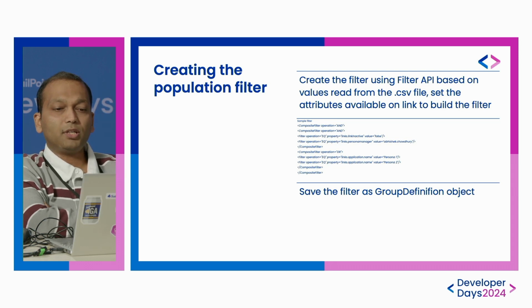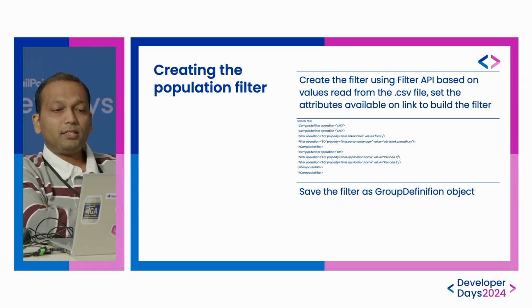For example, the sample query that I have shown here on the screen queries an identity cube where the persona manager is Abhishek and the persona is active, and the persona can be from authoritative source 1 or authoritative source 2.